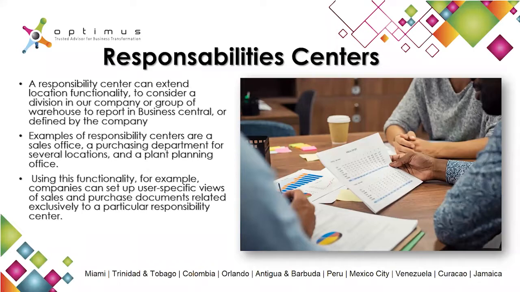My inventory is being moved from Mexico and exported to the Caribbean, but those same products, same legal entity, same company, same chart of accounts would like to be divided by a specific criteria. In this case, it could be different offices, sales or purchasing departments, something that you consider critical to be analyzed. So you can slice the company information into responsibility centers.